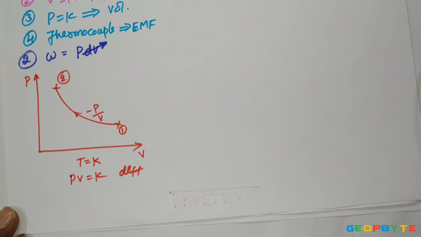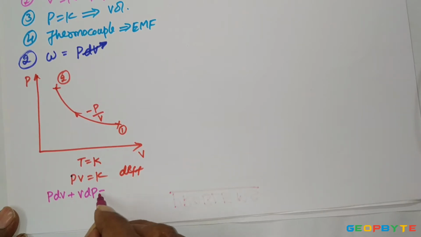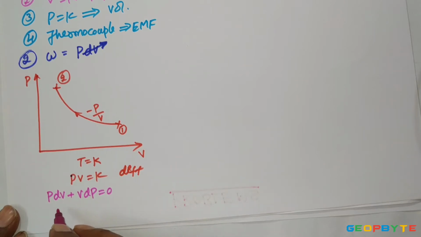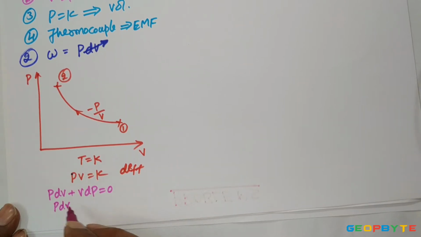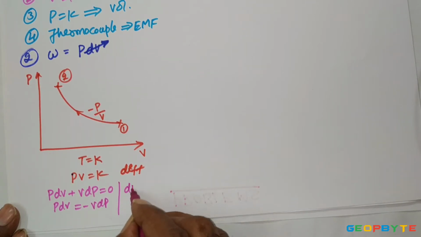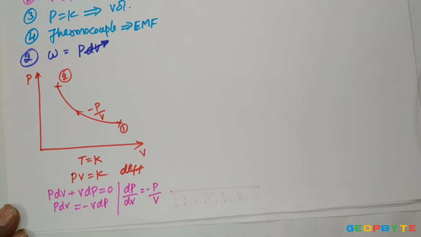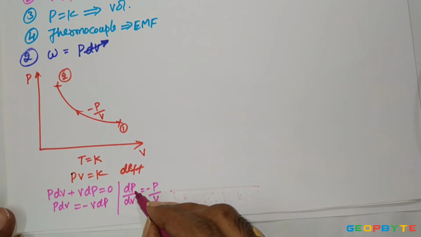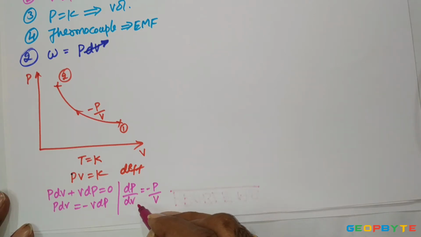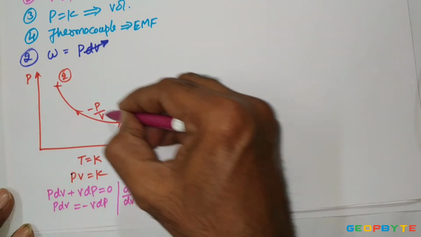So you get PdV plus VdP equal to 0, or PdV equal to minus VdP. From this you can write that dP by dV is equal to minus P by V. The quantity dP by dV is the slope of isothermal curve with PV coordinate system.